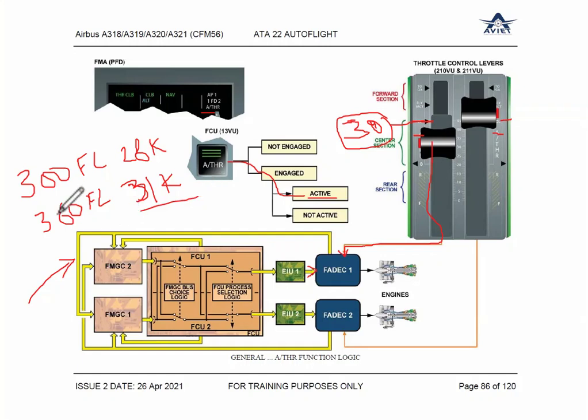FMGC cannot give the command more than 30,000 pound. That is a problem. FMGC cannot give the command more than the physical value of the lever, in auto thrust also.